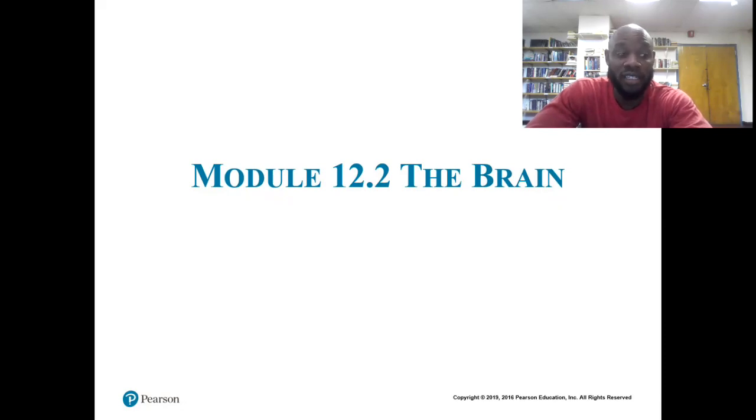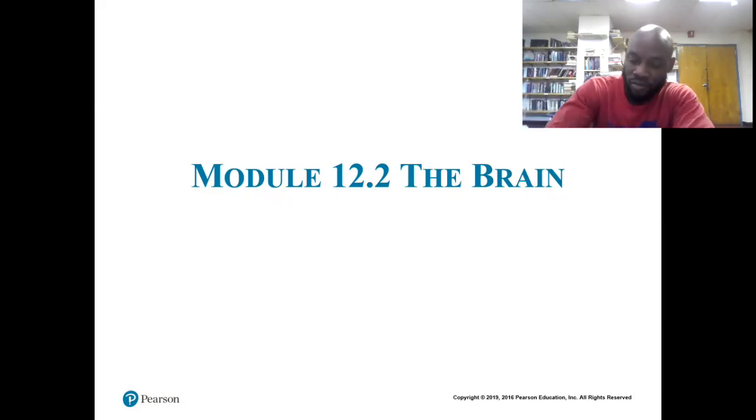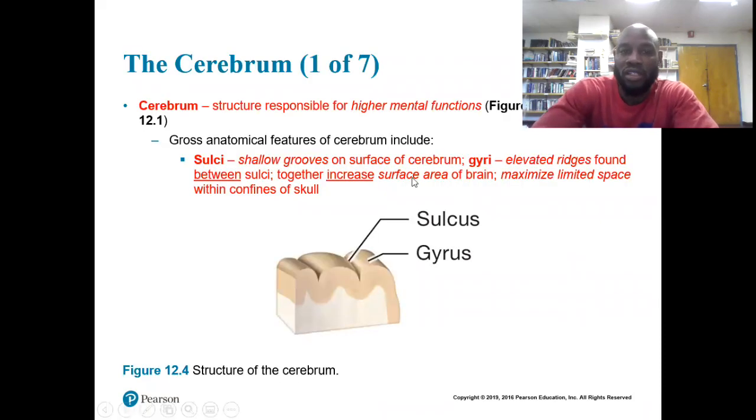Now we're going to go into more detail in the brain, which is a very complex organ, many parts to it. It does a lot as far as controlling different parts of the body, voluntary and involuntary, and plays a significant role in our homeostasis. All right, so let's talk about first the cerebrum, a big part of the brain, responsible for higher mental functions. You're using your cerebrum right now as we speak.